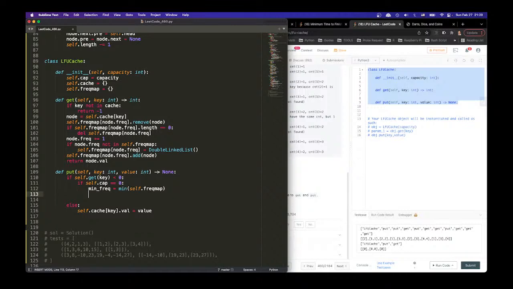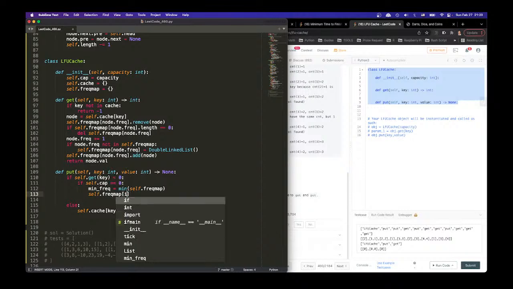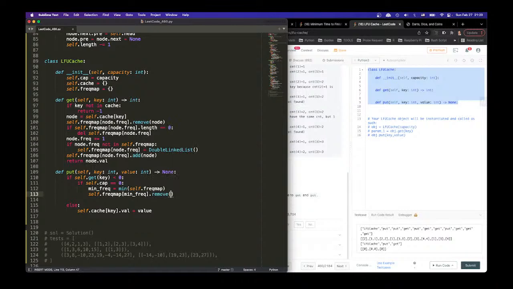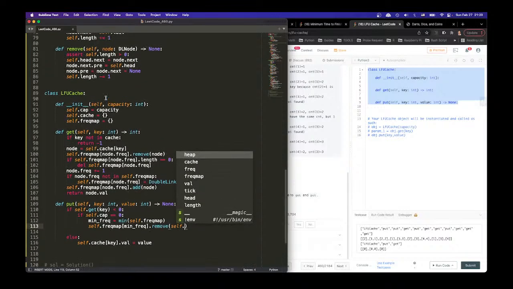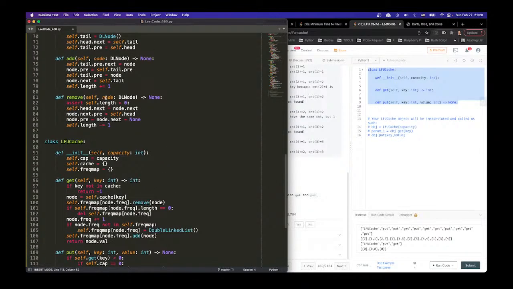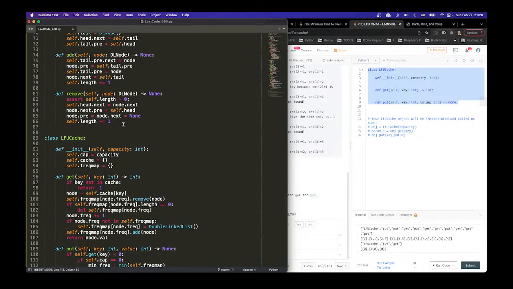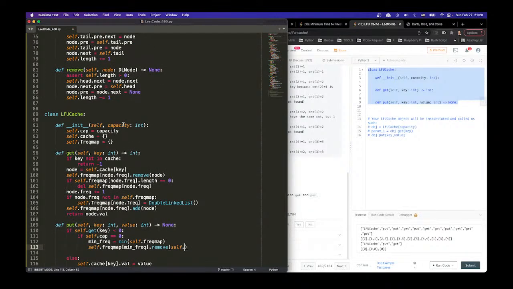So I will get the minimum frequency, and then I say self dot freq map, right? Minimum frequency, the linked list dot remove something. Remove what? Do I need to know the node? I do need.